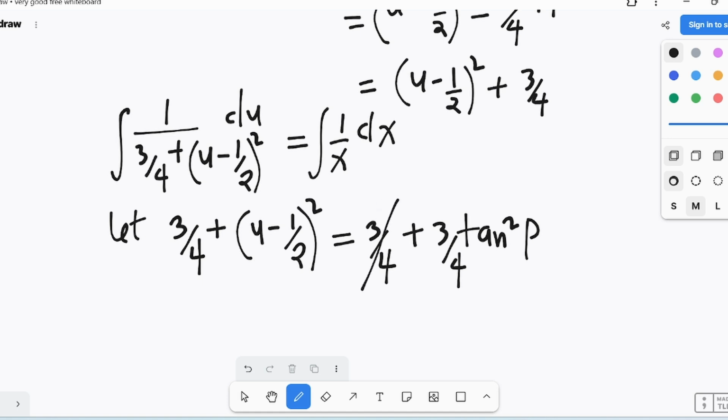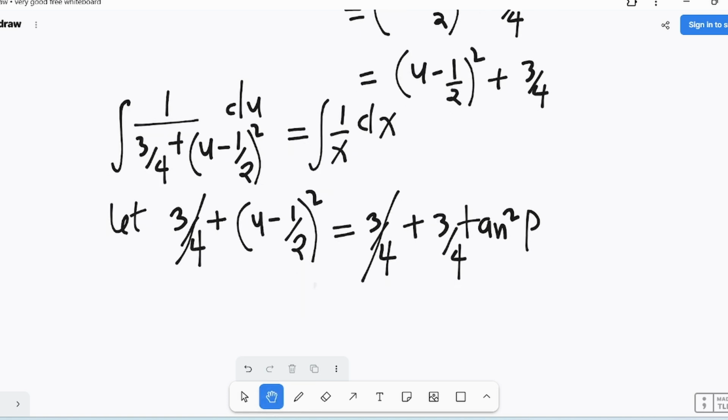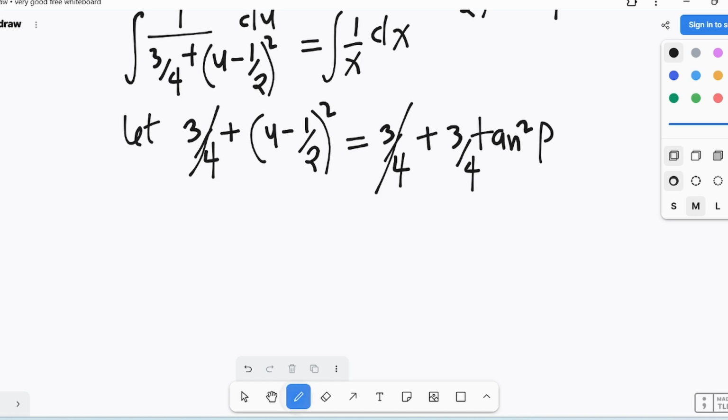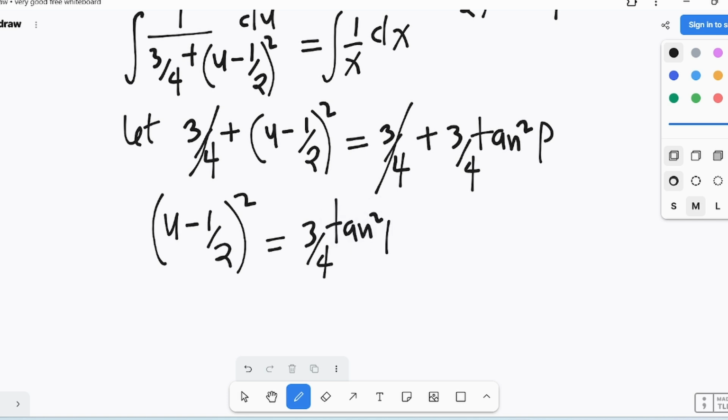So this cancels with that, and then going further to simplify, we go slowly: (u minus half) squared is equal to 3 out of 4 tan squared p.